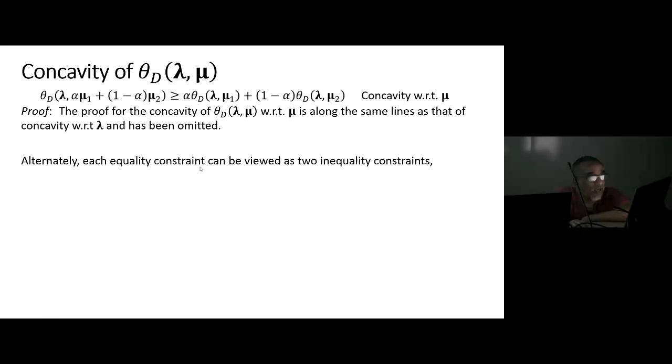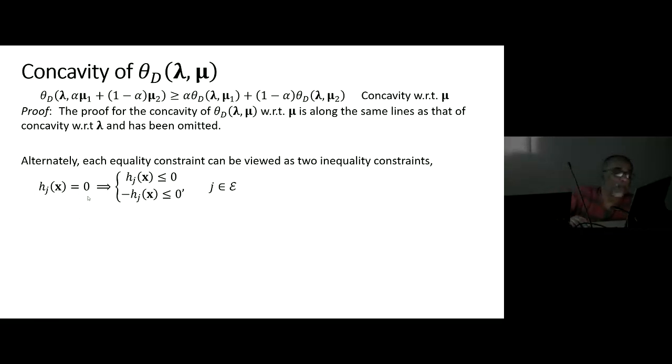An equality constraint can be viewed as two inequality constraints. So if we have an equality constraint like h_j(x) = 0, we can split it into two inequality constraints: h_j(x) ≤ 0 and -h_j(x) ≤ 0. In fact, in some textbooks you'll find that the equality has been completely ignored.